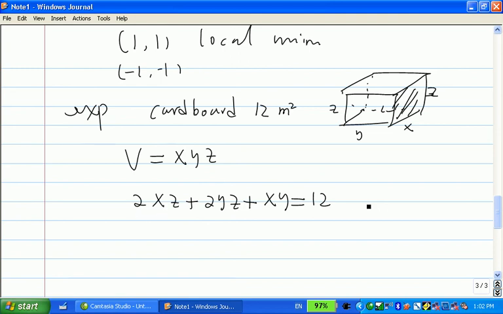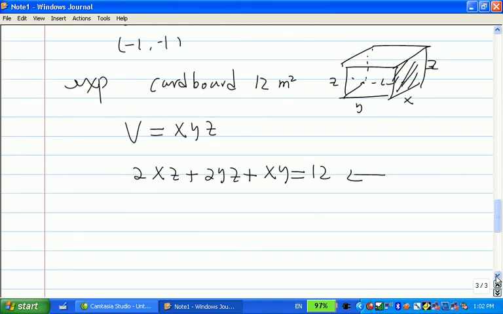This constraint just shows you x, y, z cannot be anything. They must satisfy this equation. So if you solve from this equation, for example, I solve z can be written as 12 minus xy divided by 2x plus y.